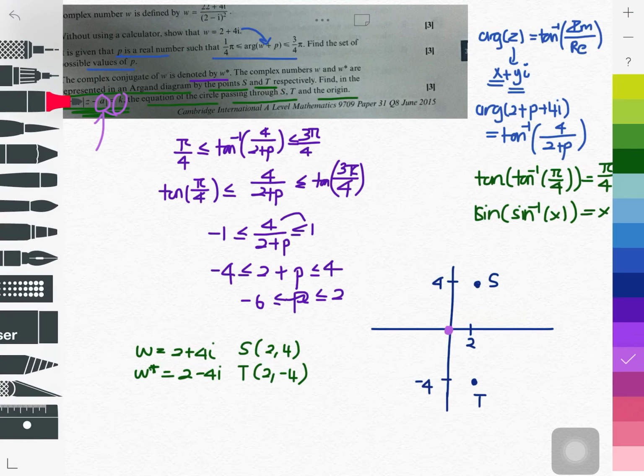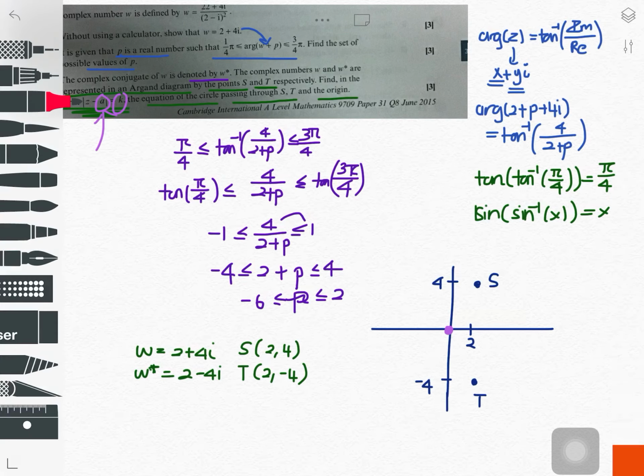So let's try to make a basic sketch. Of course it is wrong, but something like this. Even when I draw this, you know that the center has to be somewhere here. Do you agree? How are we going to find this center?